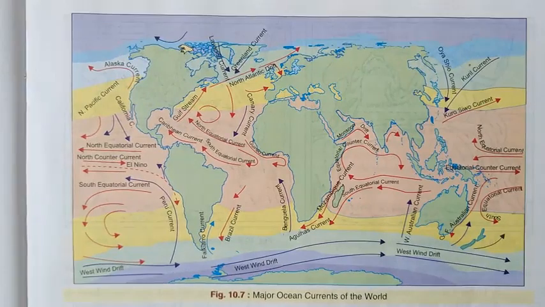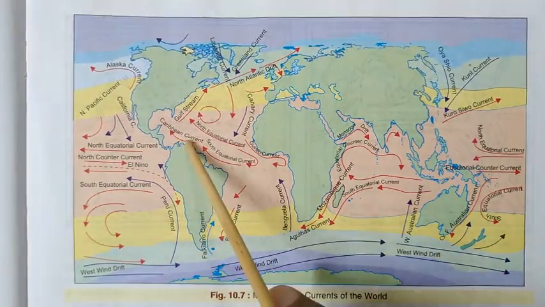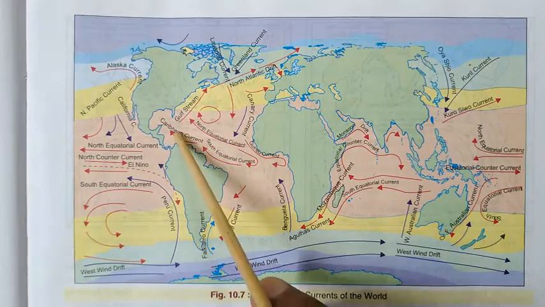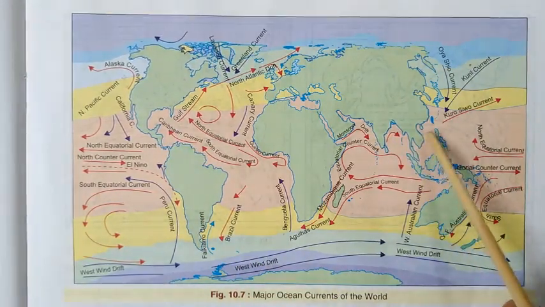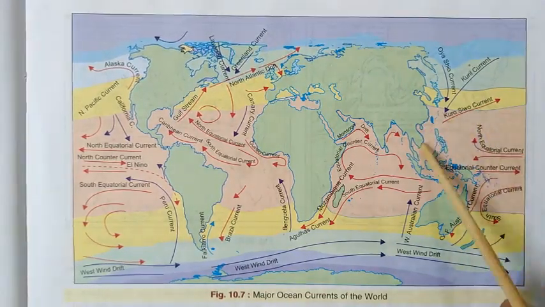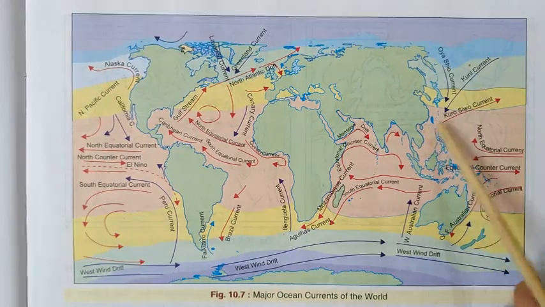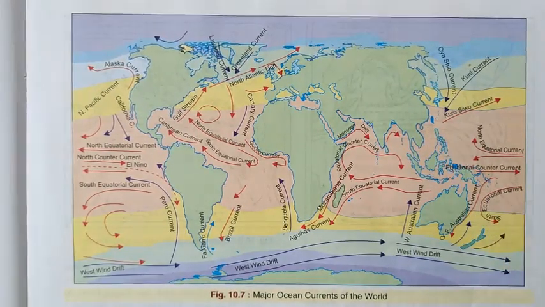The reason is, if you look at all these areas, you will find the currents are warm. Here also the current is warm. Here in the Bay of Bengal the current is warm. Here in the South China Sea there is a warm current. This Kuroshio originates from here only. So the currents are warm, and what do warm currents usually attract?